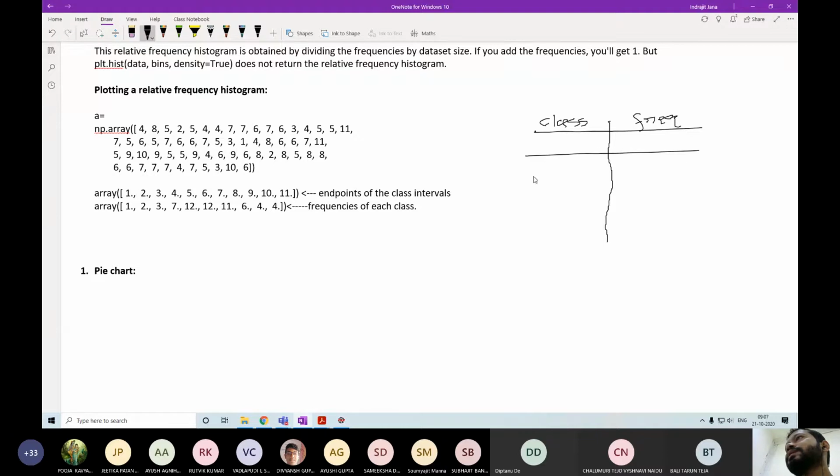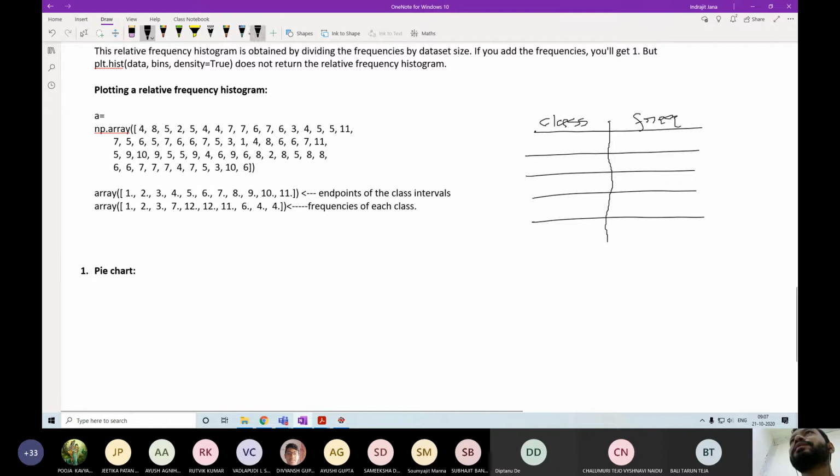I'm not going to write everything, but these are the endpoints, right? The first class is 1 to 2, the second one is 2 to 3, the third one is 3 to 4, and so on.